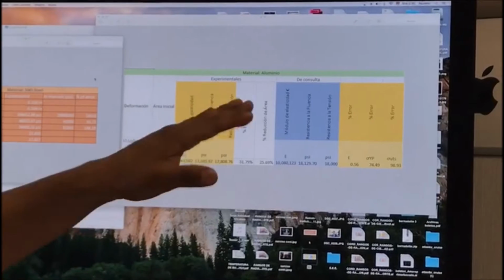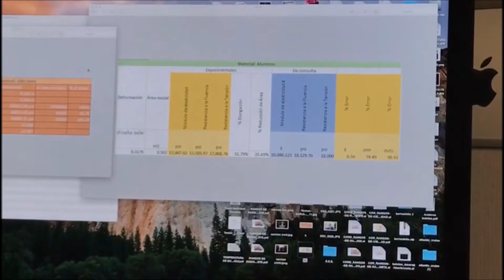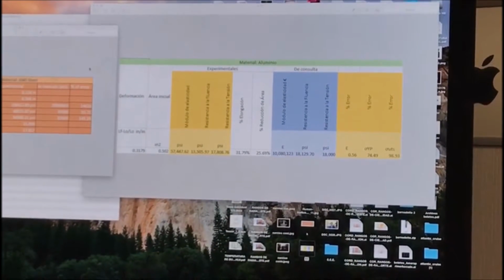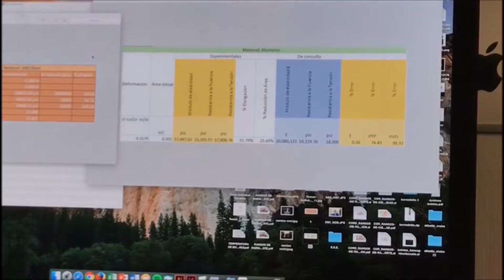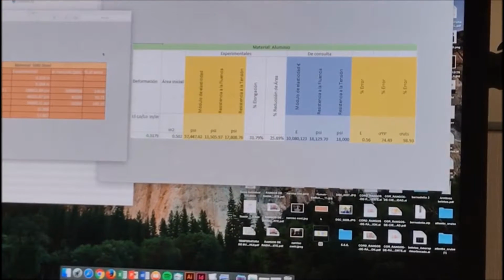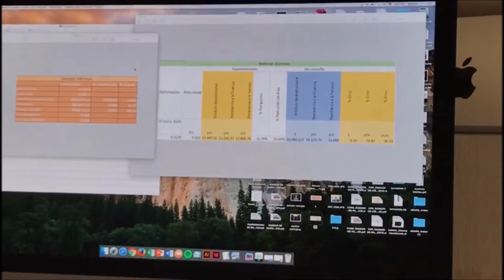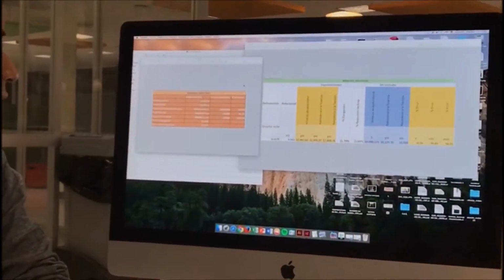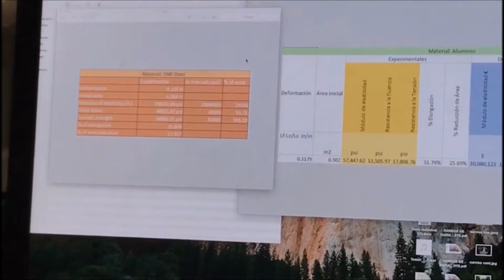For example, in aluminum we obtain a percentage of error of about 50% in the modulus of elasticity, and in steel about 45% of error.